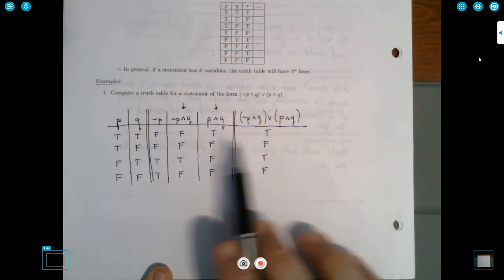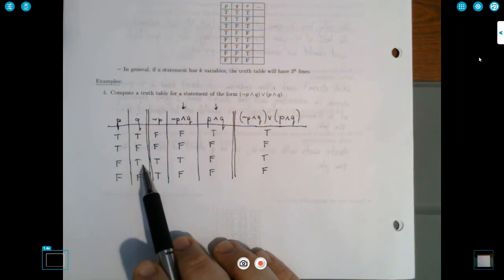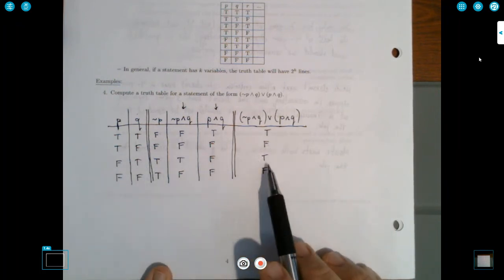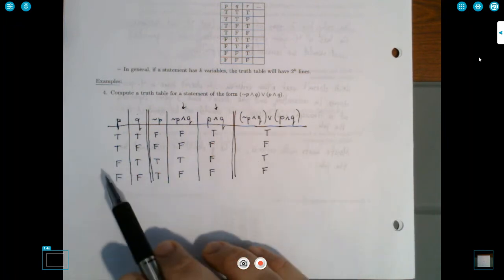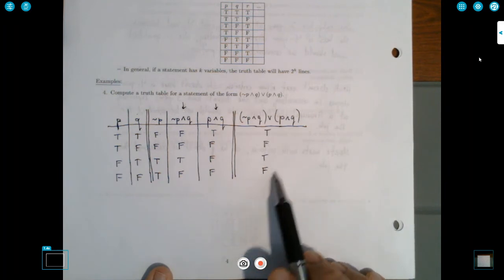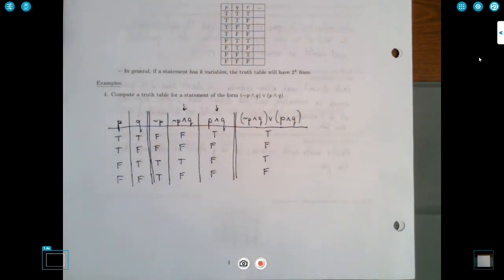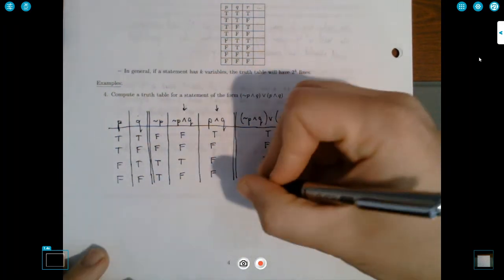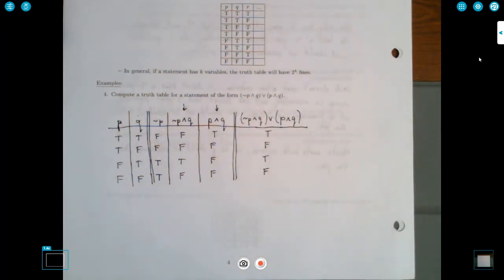If P is false but Q is true, then this complicated statement is going to be true. That's kind of interesting. And then if P and Q are both false, then the complicated statement is false. All right, so that's what that means.